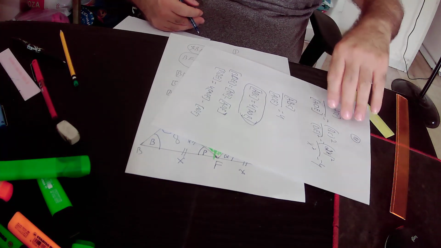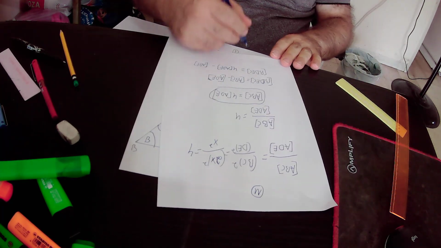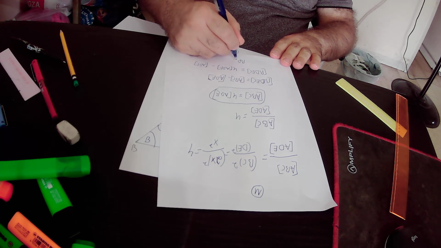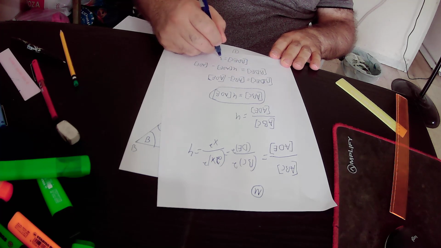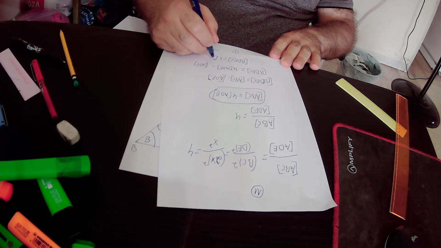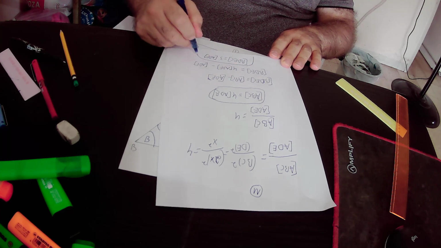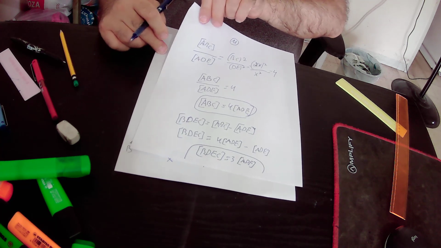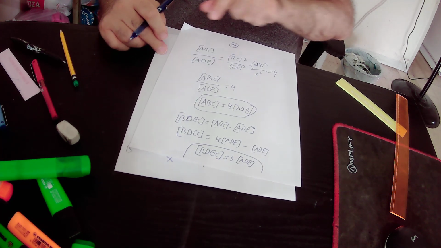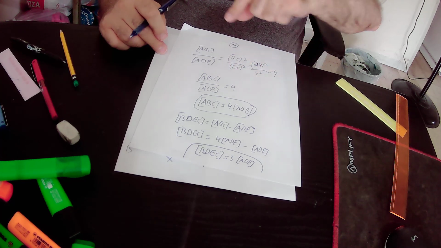So the area of quadrilateral BDEC equals 3 times the area of triangle ADE. And we also found that the area of triangle ABC equals 4 times the area of triangle ADE.